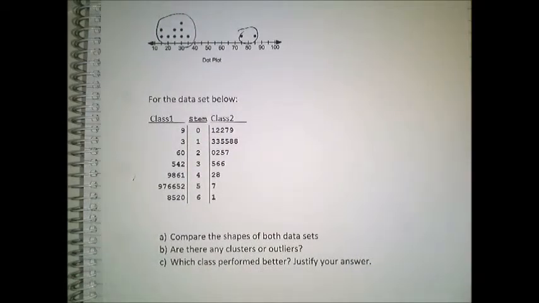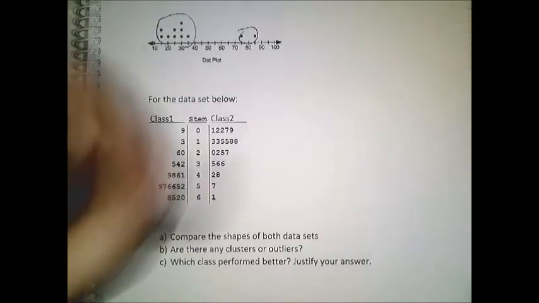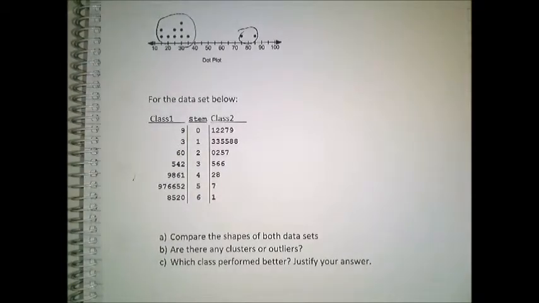So for example, we're given a set of data about two classes, and we're asked to essentially compare both of the data sets and compare which class may perform better, assuming that this would be test results. The first question asks us to compare the shapes of both data sets.